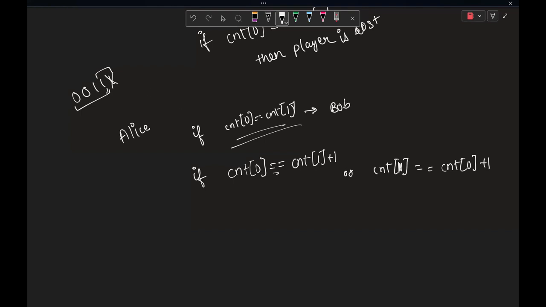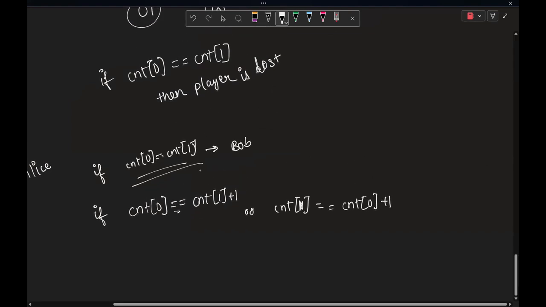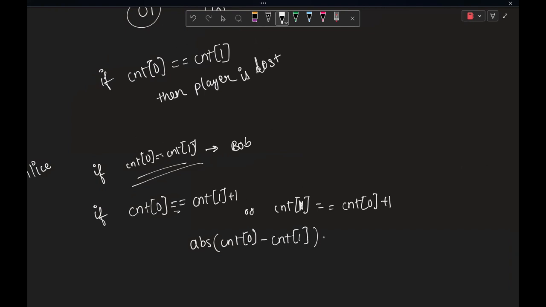Now it can happen only if the character with the higher frequency has exactly one frequency more than the character with the lesser frequency. Or if you want, you could have written it shortly as the absolute difference of count 0 minus count 1 to be equal to 1.